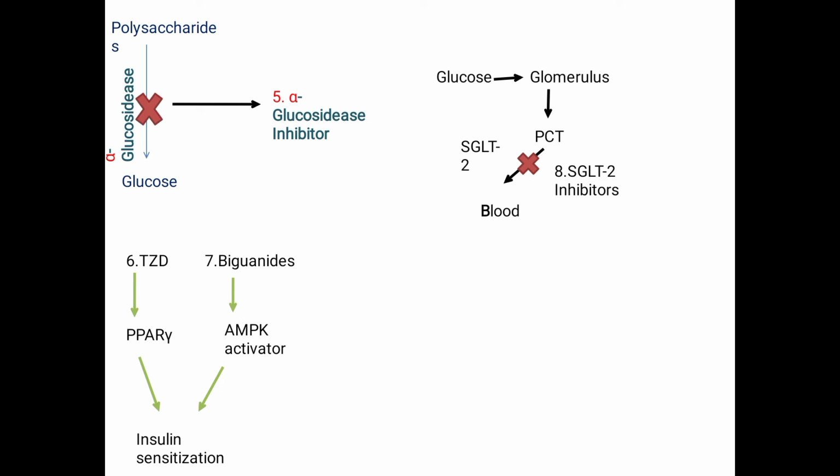Next we have thiazolidinediones and biguanides, which are insulin sensitizers. That is, they improve the way the cell responds to insulin, so the glucose is taken up in the peripheral tissues, improving peripheral utilization of glucose, right? Thiazolidinediones are PPAR gamma activators, which are nuclear receptors. They increase insulin responsive genes and predominantly act in the adipocytes, so they cause insulin sensitization. Similarly, biguanides activate AMPK, and therefore improve the peripheral utilization of glucose and cause insulin sensitization.